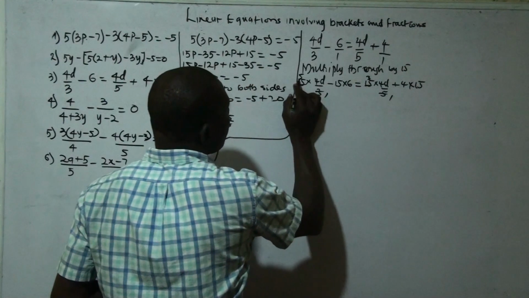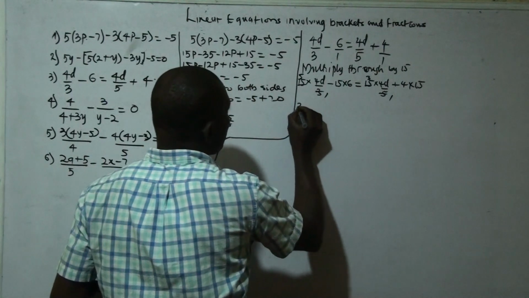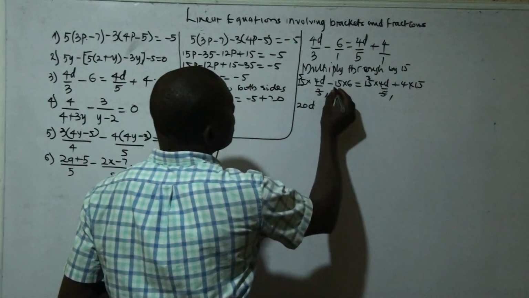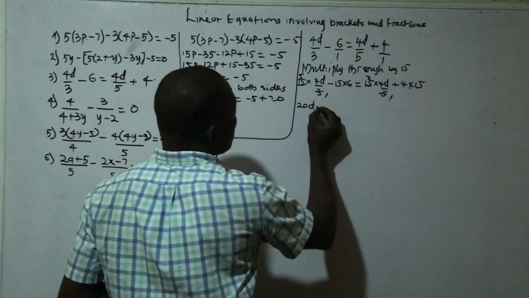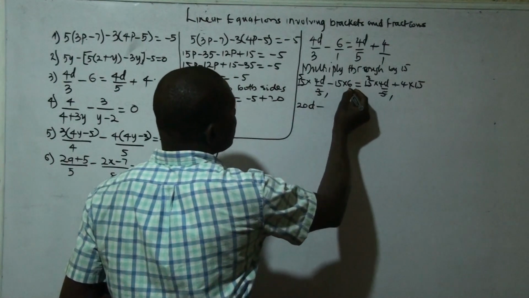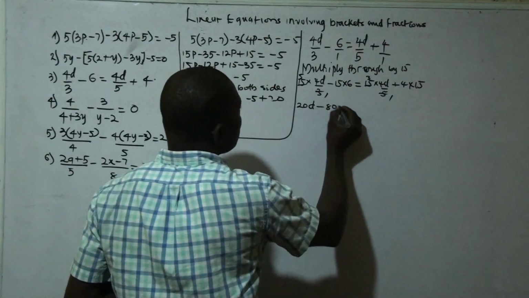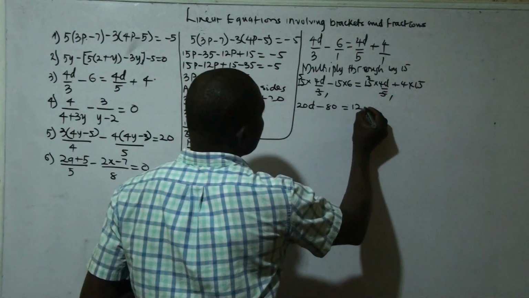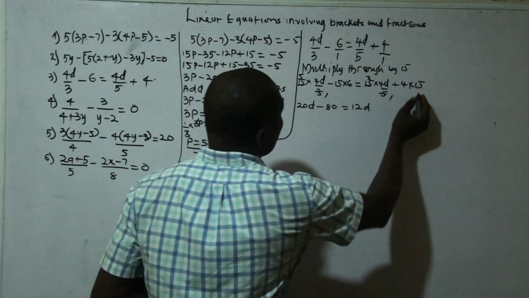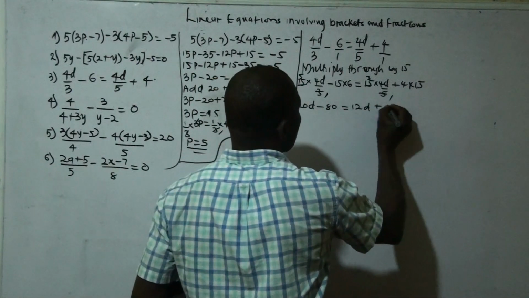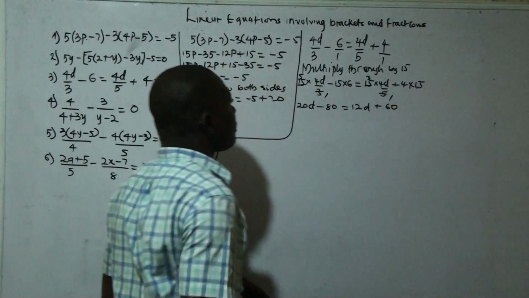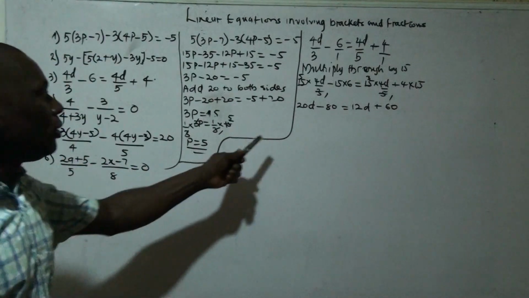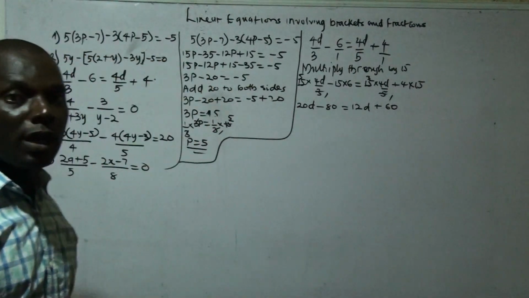So 5 times 4d gives us 20d. 15 times 6 gives us minus 90. 3 times 4d gives us 12d. 4 times 15 gives us 60. See, we have cleared the fractions.